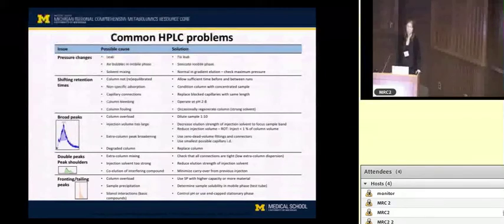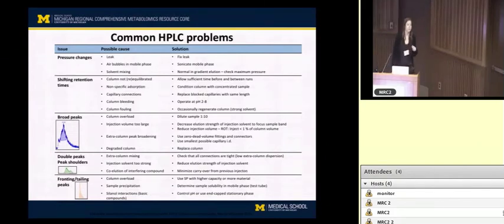I want to make sure that for all my runs, the pressure curve stays the same. If I see spikes, that indicates that at some point my column or another part of my HPLC system got blocked. If I see a drop, that means that I probably have a leak somewhere that could cause me to lose part of my sample, and it will certainly lead to all my quantification results being off.